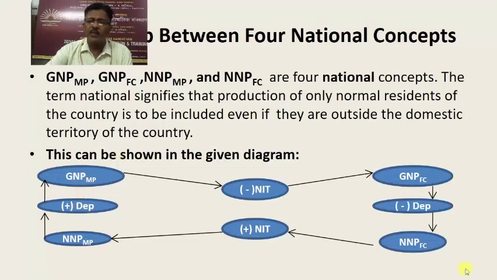So if you understand the significance of NIT and depreciation, net indirect tax and depreciation, you can derive the concepts market price and factor cost. So NIT is the differentiating concept between market price and factor cost, and depreciation is the differentiating concept between the gross and the net.